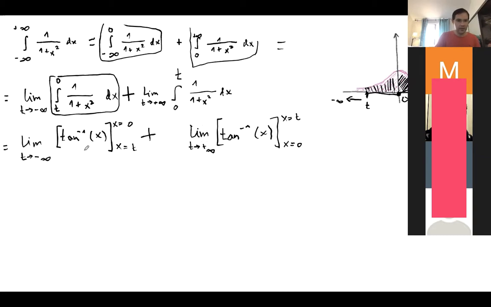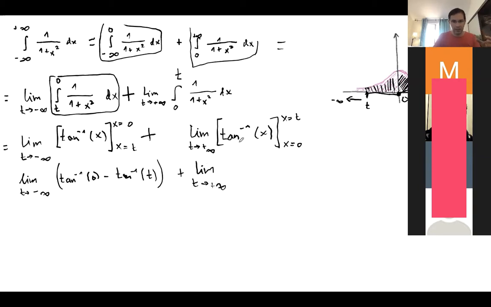What is this? This is tangent inverse of 0 minus tangent inverse of t. That's exactly this number. And then I have to take the limit of this when t goes to negative infinity, and then plus the same thing, limit t goes to positive infinity.